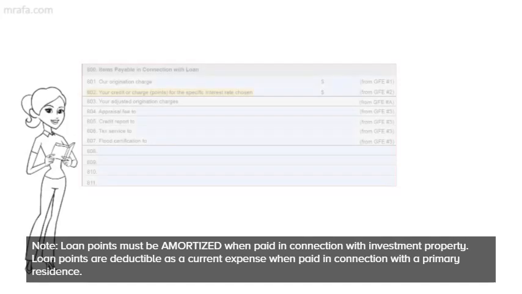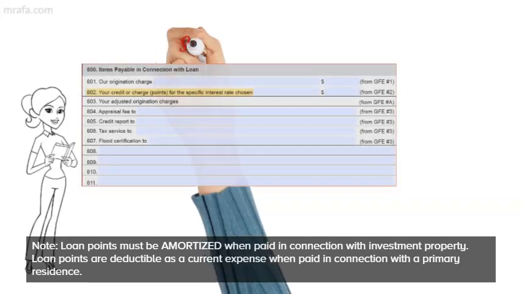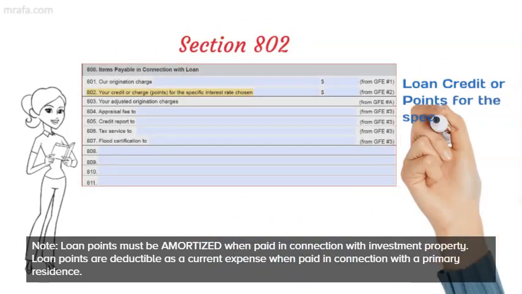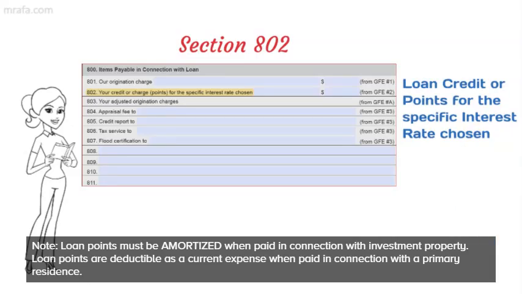So let's discuss in more detail the loan credit or points, or mortgage interest points, or discount points, whatever they call it. So for example, you have a $200,000 mortgage loan, and your current interest rate for this loan is, let's say, 4.5%.